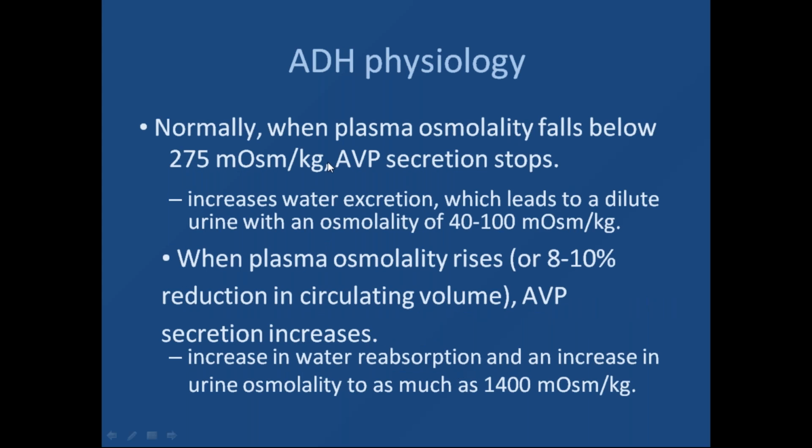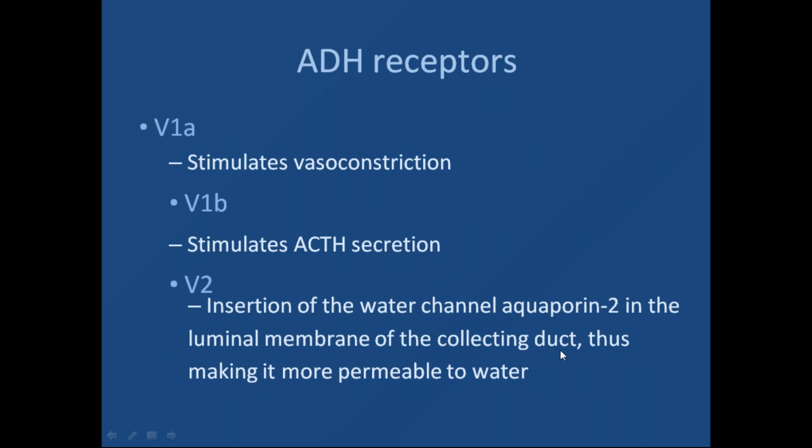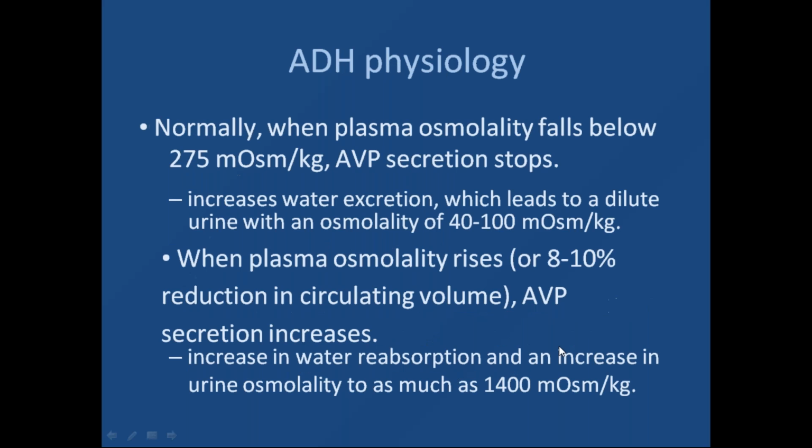So AVP secretion stops, there is increased water excretion in the collecting duct, and it leads to a dilute urine because there is increased water. So it will be excreted. So that's the aim of the body. It wants the water to be gone from the body. So it makes the urine dilute and they will be excreted.